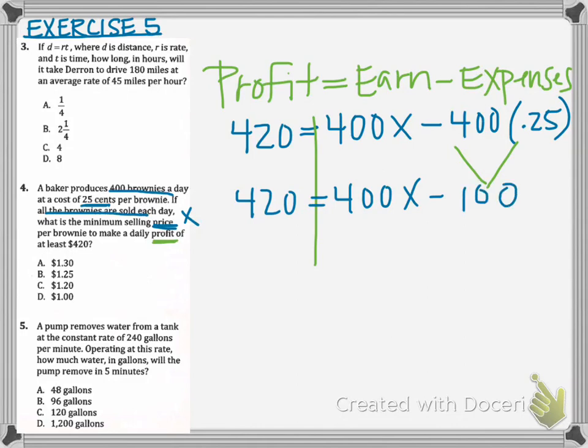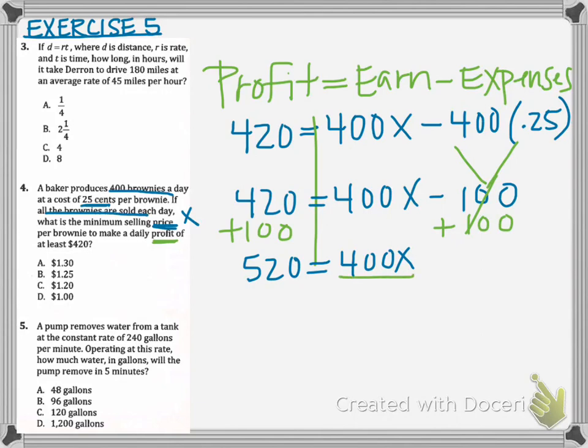Then all our x's are on the right, so to get all of our constants on the left, we've got to move over that minus 100. We're going to do that by adding 100 to both sides. And that's going to give us 520 equals 400x. And then the last thing we're going to do is get the x by itself.